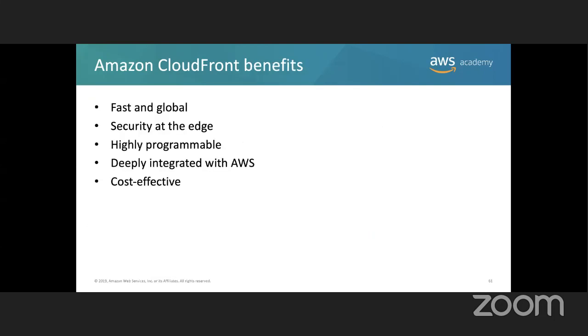It's fast and global, security at the edge, highly programmable, and by the way, CloudFront has DDoS protection as well. Okay, so it has a lot of security. By security at the edge, what it stands for is that CloudFront provides both network level and application level protection. Your traffic and applications benefit through various built-in protections, such as AWS Shield Standard. So it has Shield.